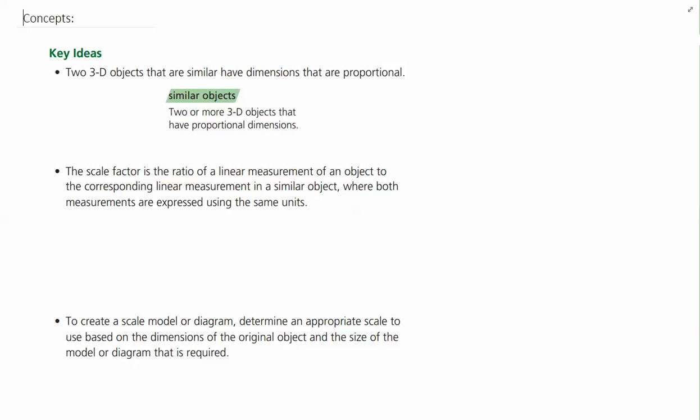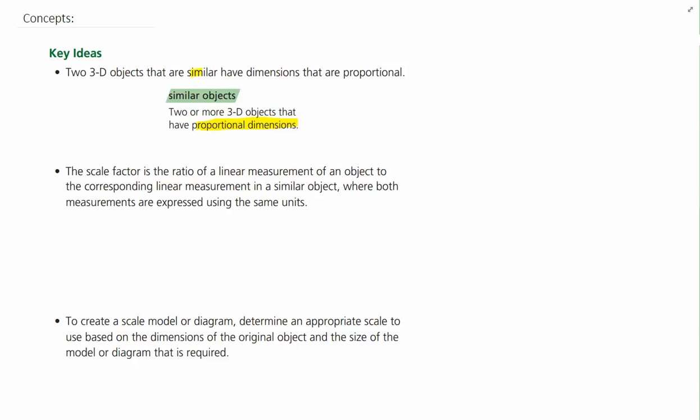So our key ideas are that we have two similar objects when the objects have proportional dimensions.